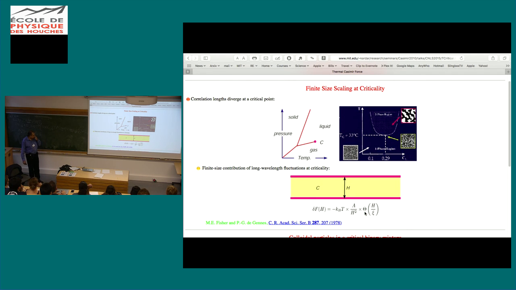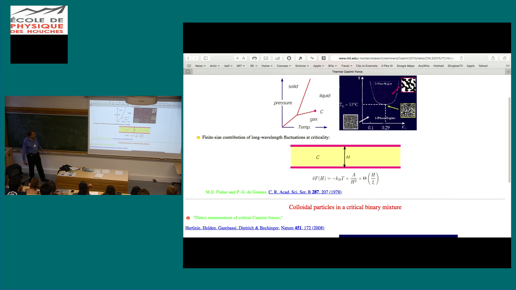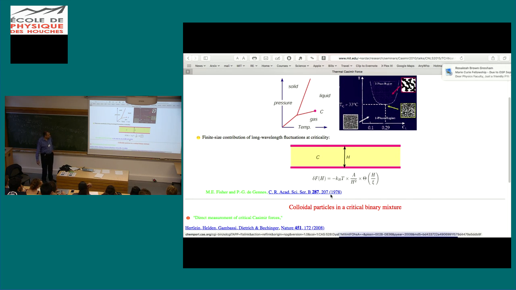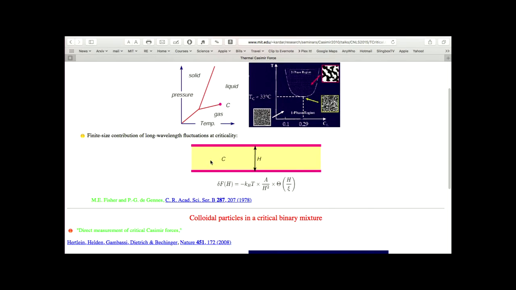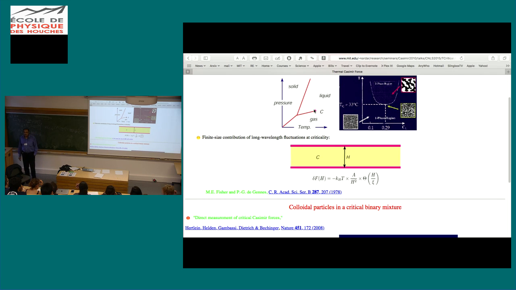So this prediction of Fisher and de Gennes was experimentally verified in 2008 by the group of Bechinger in Stuttgart, where the critical point that they created was not that of a liquid-gas system, but rather was a mixture of oil and water.